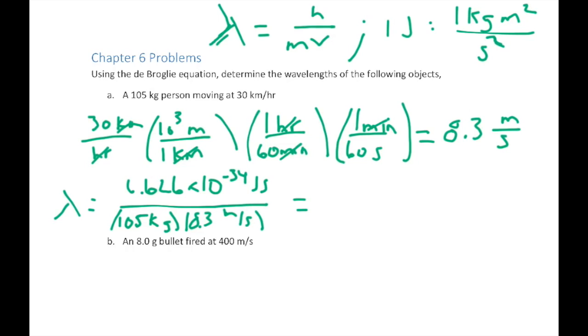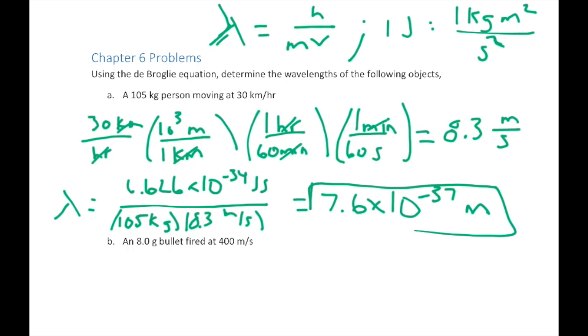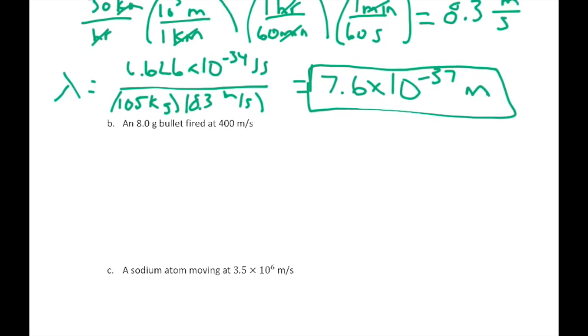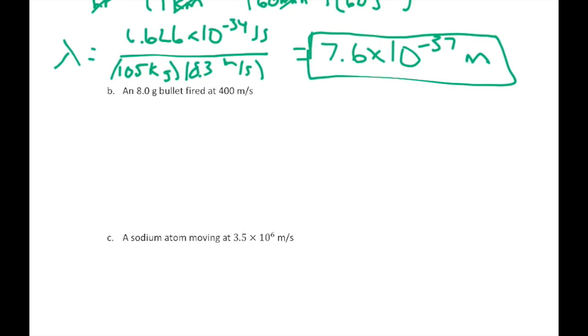Units will cancel to give us a wavelength. So doing that out in our calculator, we get 7.6 times 10 to the negative 37th meters. Extremely small wavelength.